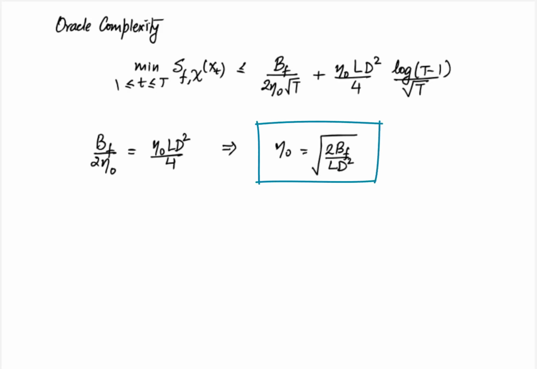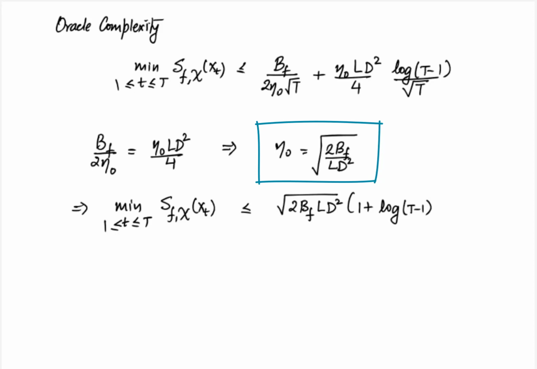So substituting this value, where we have ensured that the coefficients become the same, we get that min over t of s of xt is less than or equal to square root of 2bf ld square into 1 plus log t, divided by 4 square root t. Now the log t by t term is not invertible in closed form, so we cannot simply equate it to epsilon.